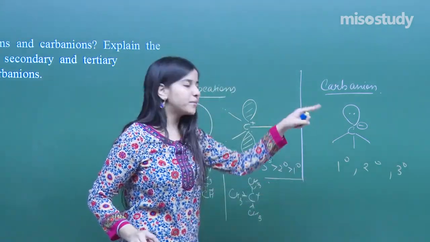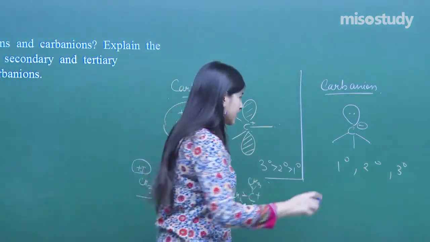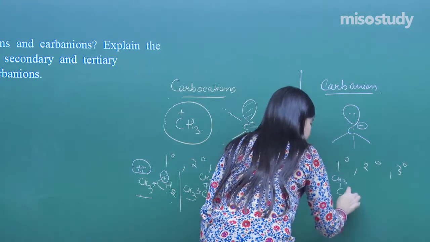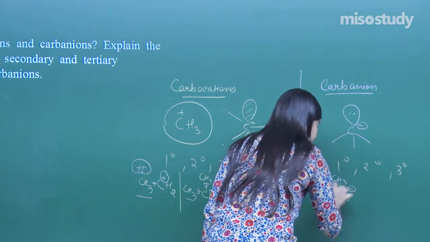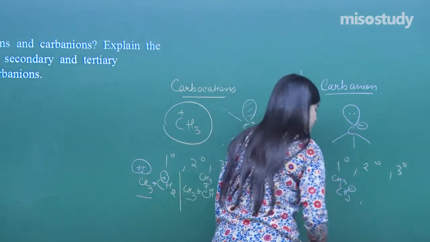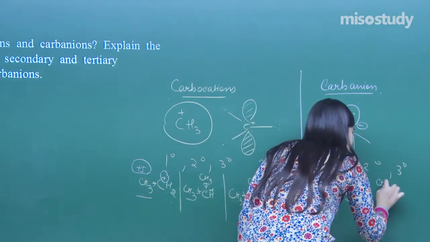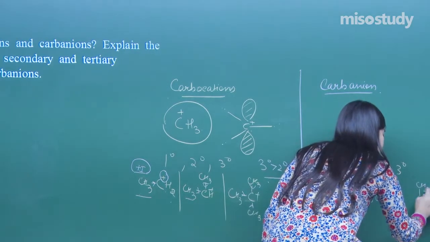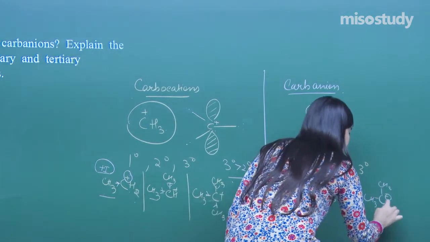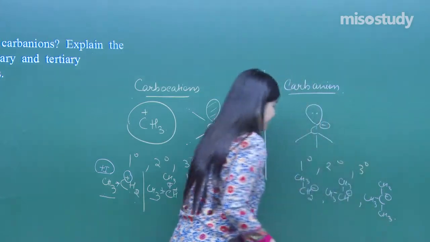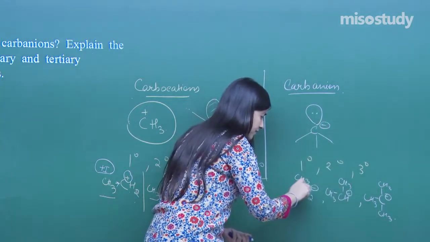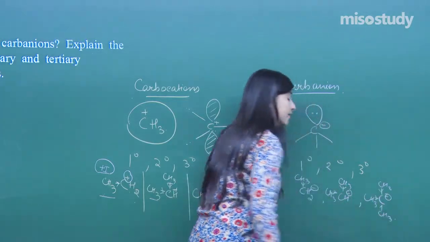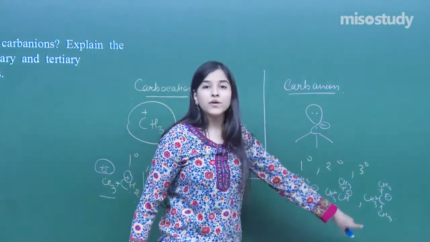And just the opposite will be the case for carbanions, right? Again, a carbon attached with 1 carbon, next, a carbon attached with 2 carbons, a carbon attached with 3 carbons. These are again donating groups, but these donating groups are doing the wrong work over here.